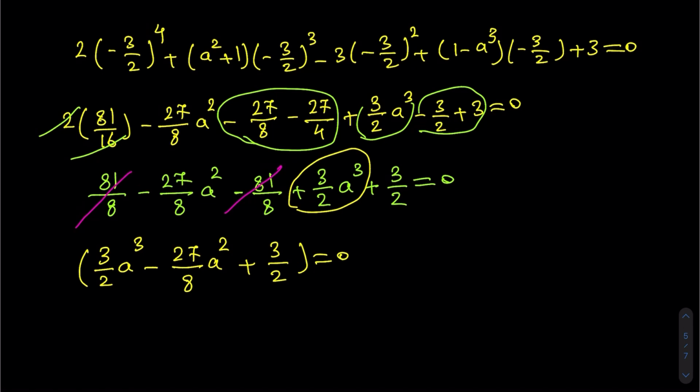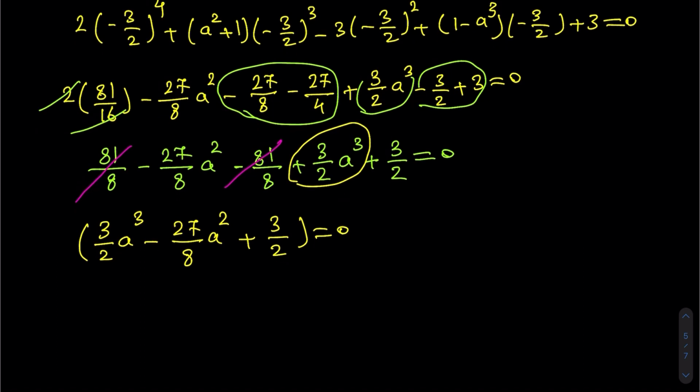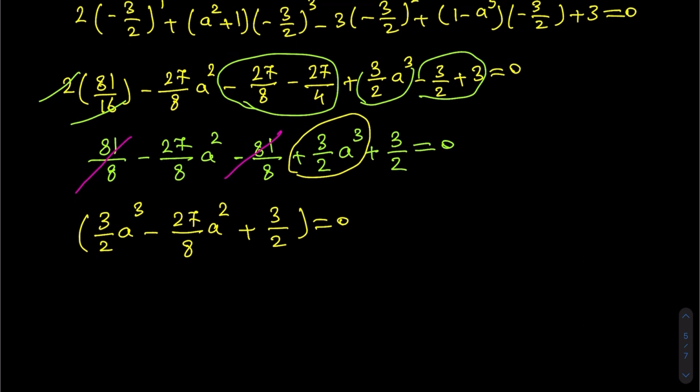So in order to get rid of these fractions, we need to factorize. I will factorize by 3 over 2 and I will get a to the power of 3 minus 9 over 4 a to the power of 2 plus 1. This is equal to 0.